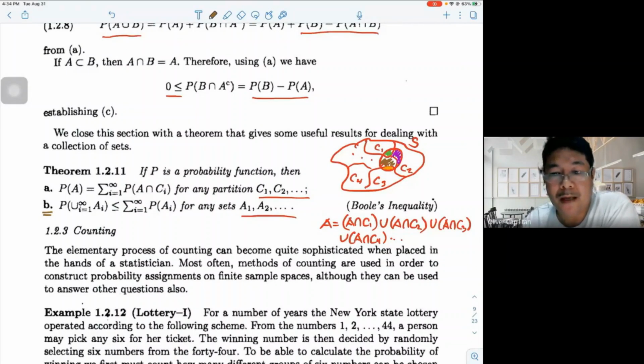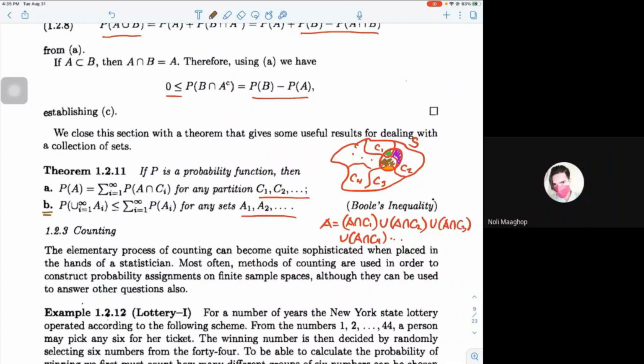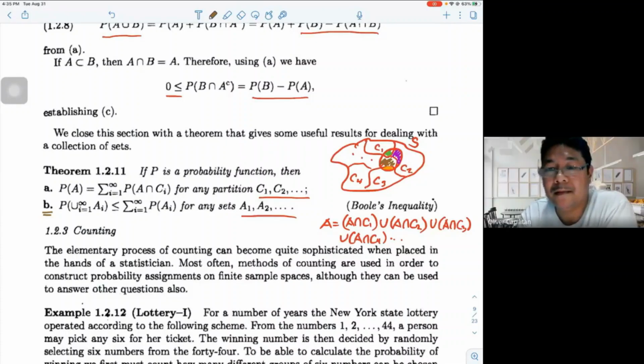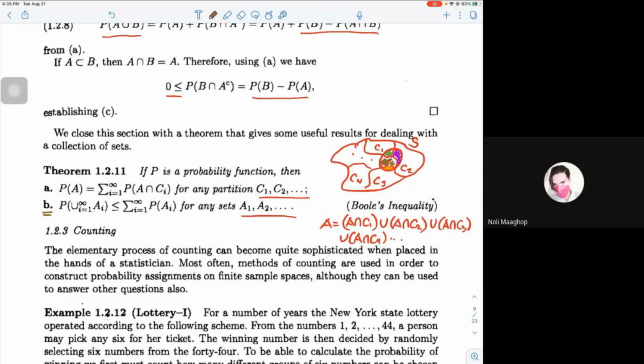And after that, we have these properties of the probability function. Any questions or clarifications? Are you still raising your hand, Noli? No, sir. Okay. No questions so far? None so far, sir.